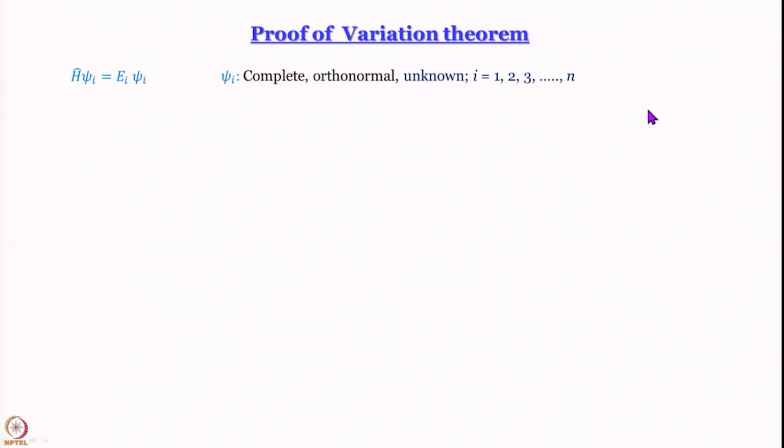Let us say there are n such wave functions. Here again I deviate a little bit from Macquarie's treatment. Macquarie has written n, I am writing i, because I thought that if you use n for a particular value and then use n as an index, you might get confused. So, I am using i, which is an index.